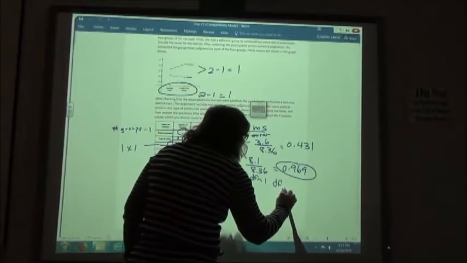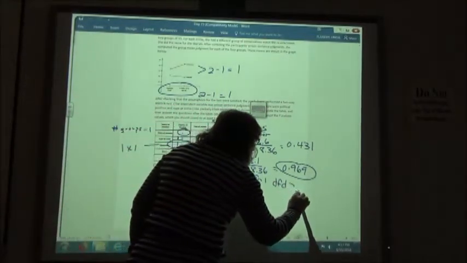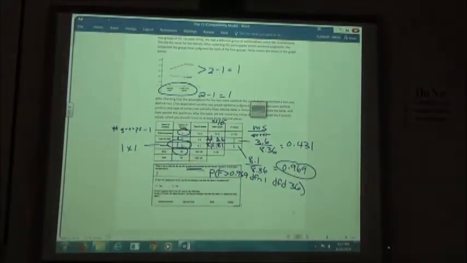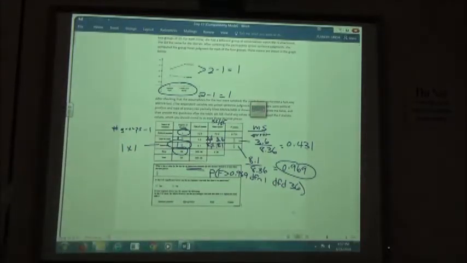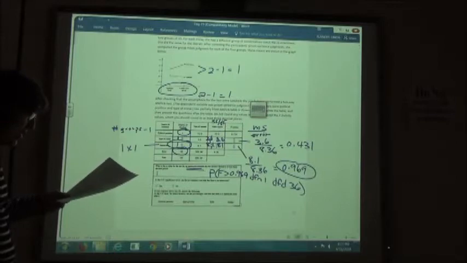My degree of freedom in my denominator is my degree of freedom for my error, which is 36. So p of F greater than 0.969, degree of freedom in the numerator 1, in the denominator 36. I might have those backwards, but the 1 and the 36 are in the right spots, whichever the label of my boxes are there. Either that or I wrote it on my paper backwards, which I could have.